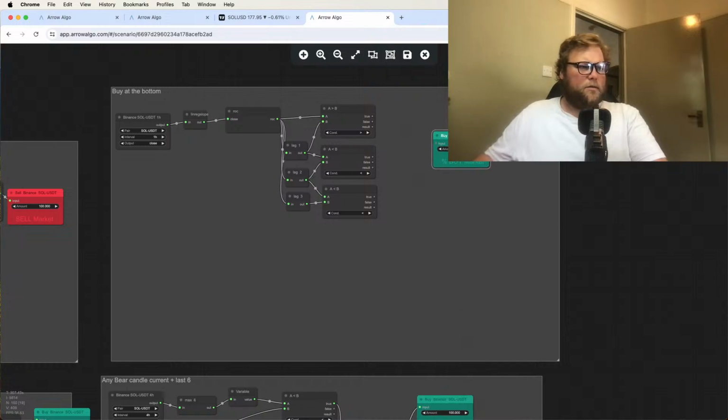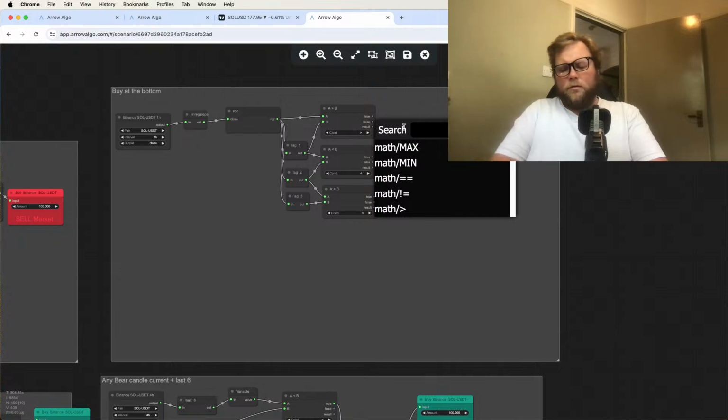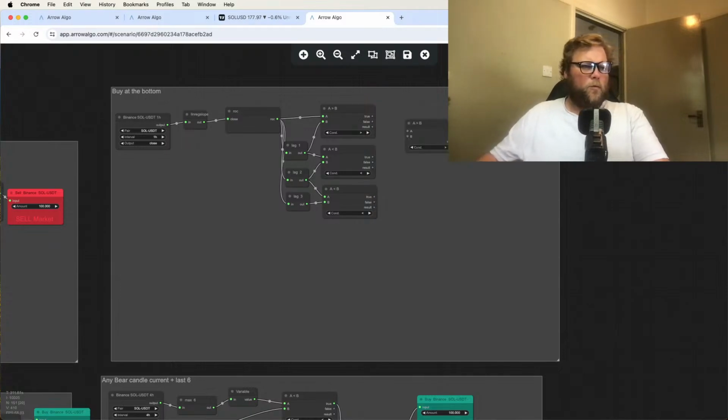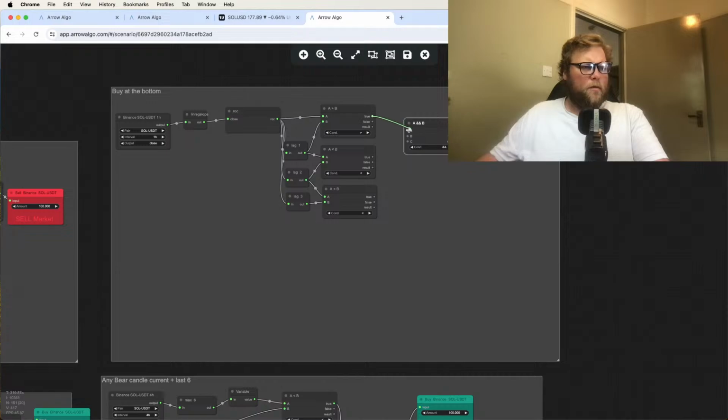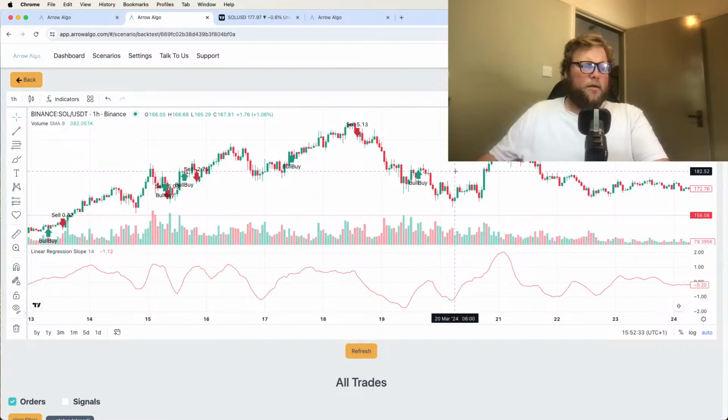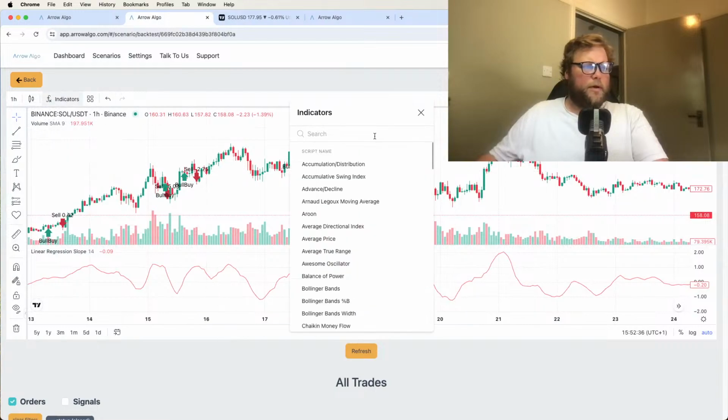And if that's the case, we'll create an AND block. And if all three of these are true, we'll create a buy condition. And let's see if there's any other criteria that we want to add in here.